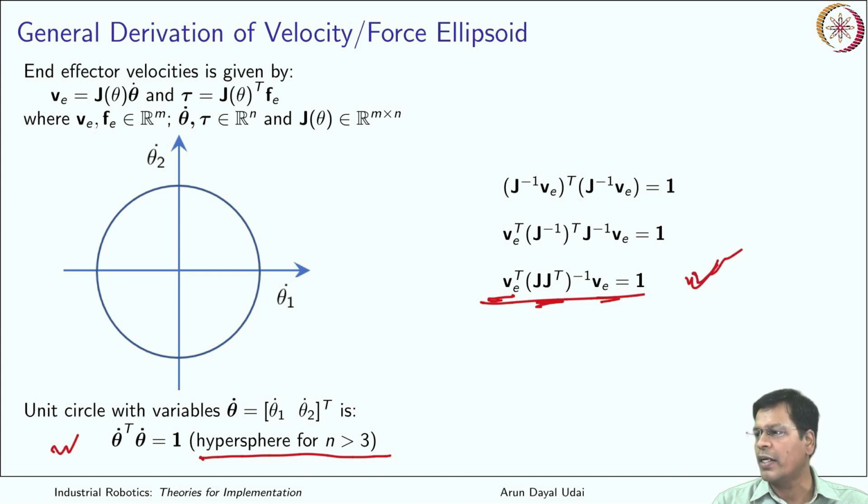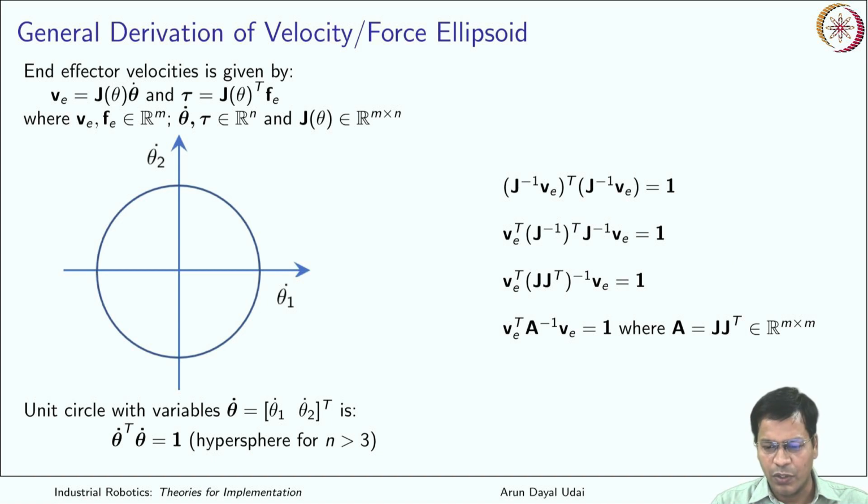This gives you an ellipsoid, or a higher dimension ellipsoid. So both are similar. If I write it like this, VE transpose A inverse VE is equal to 1. So A is nothing but J J transpose. This is M cross M, that is a square matrix which is invertible also.